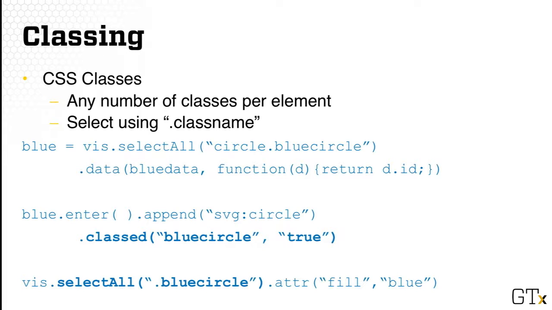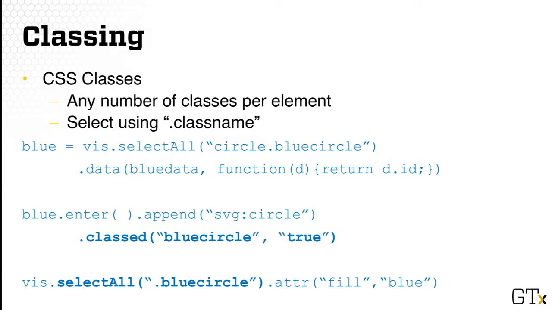What you can do is use the .classed function. You first select the group of elements you want to assign the class to, and then you invoke .classed, and assign the class name blue circle and say true. True means you want the class to be assigned.